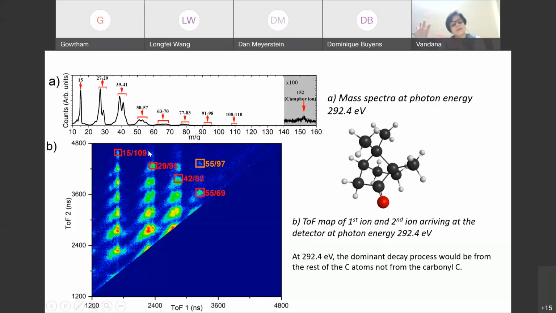So 50 and 109 are the ions, and the neutral CO is going out.